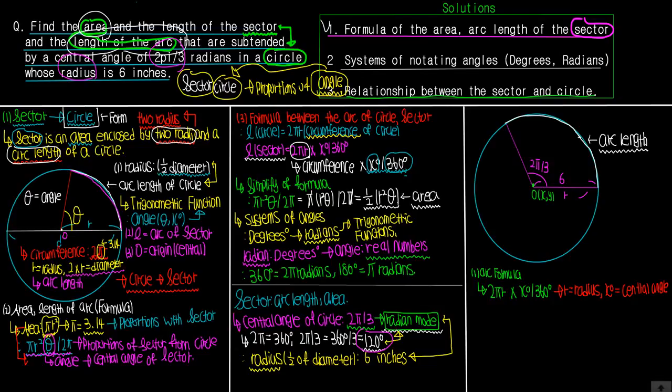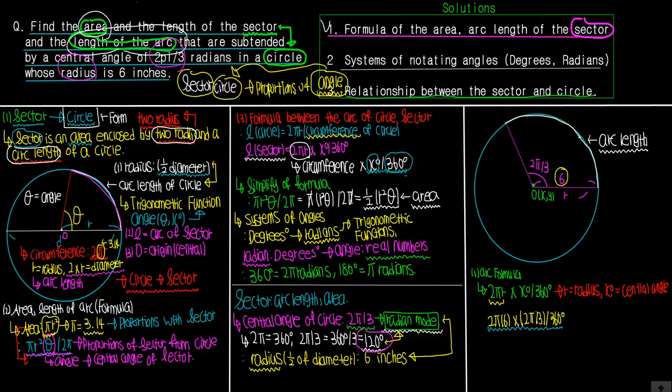So what is our radius? It is 6, so we replace r with 6. It will be 2 pi times 6 times our x degrees, which is 2 pi over 3, all divided by 360 degrees.